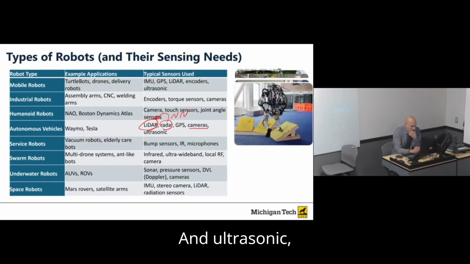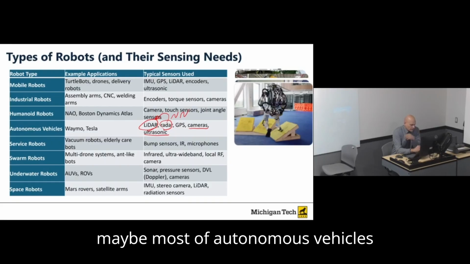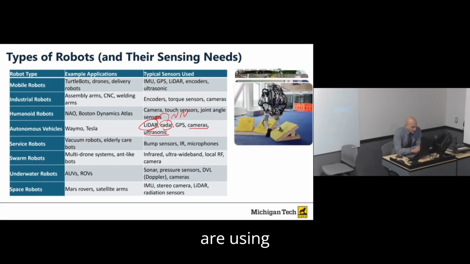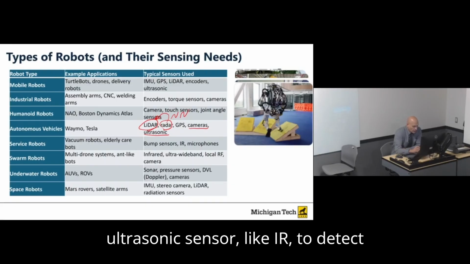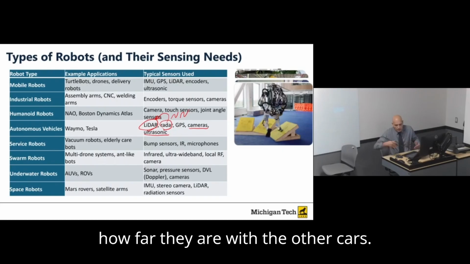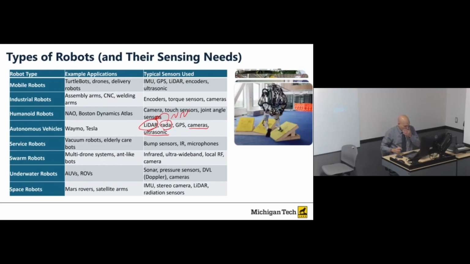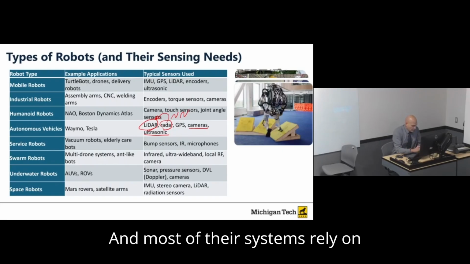And ultrasonic, they all have it. Most autonomous vehicles are using ultrasonic sensors, like IR, to detect how far they are from other cars, and most of their systems rely on that.